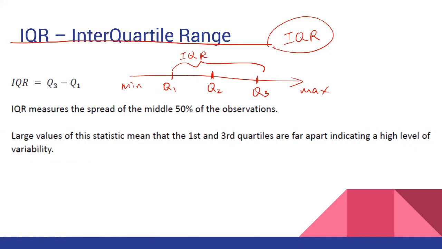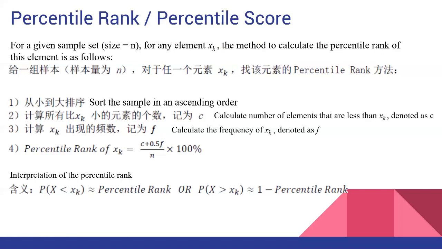IQR is Q3 minus Q1, which measures the spread of the middle 50% of the observations. Large values of this statistic means that the first and third quartiles are far apart, indicating a high level of variability. Okay, so IQR is a measurement that measures the level of variability of the sample data. Understand? You have any questions? No? All right, let's see the next concept.